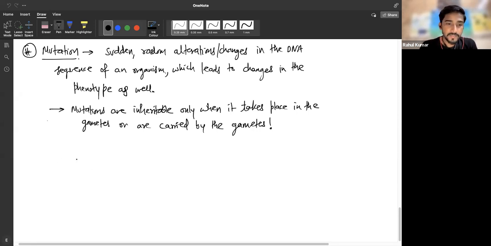So if there are two tailless mice which are crossed together, let's say, their progenies still will be tailed, right?